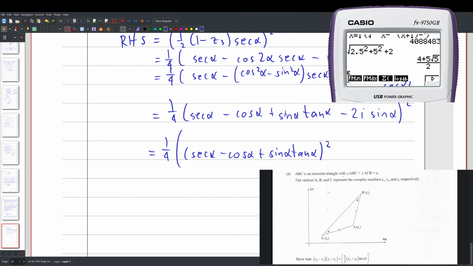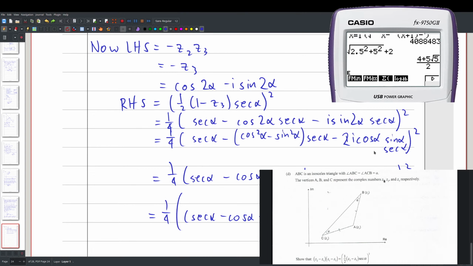Squared plus. Well, this is minus, so it's actually minus. Wait, what? This is so weird. Nah, I'm sure it'll work out.